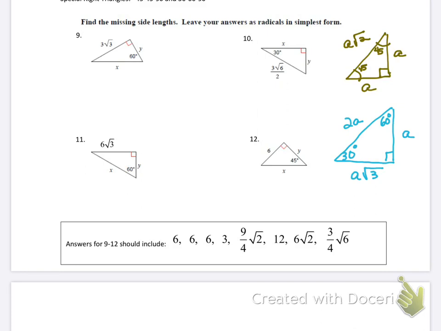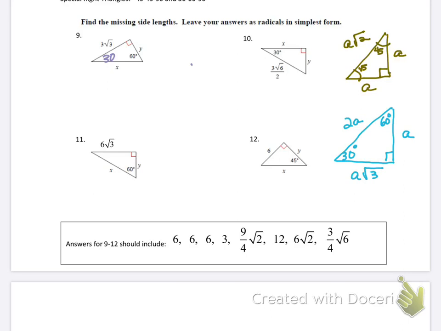Okay, so I'm going to leave that up as long as I can. When it starts to interfere with what I'm doing, I will erase that. Okay, let's start the first problem, number 9. So that is a 60-30-90 triangle. So if you want to put the 30 in here, I think that's not a bad idea, just to really reinforce it with yourself. What are each of the angles?